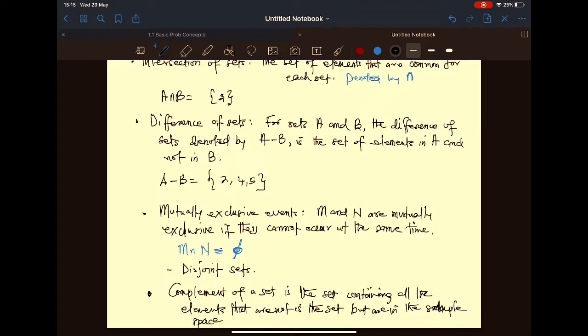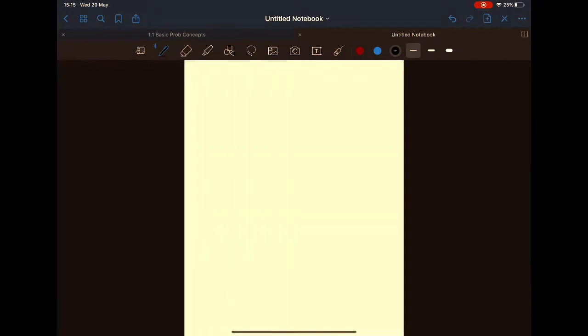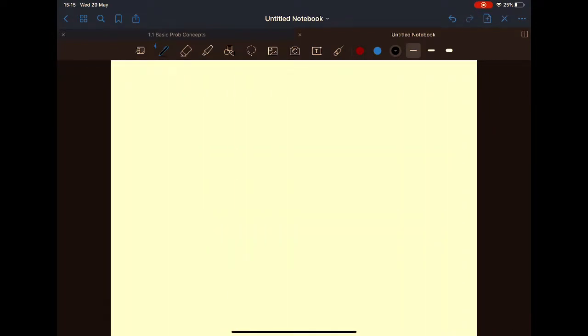So they are not present in the set under consideration, but are in the sample space, right?